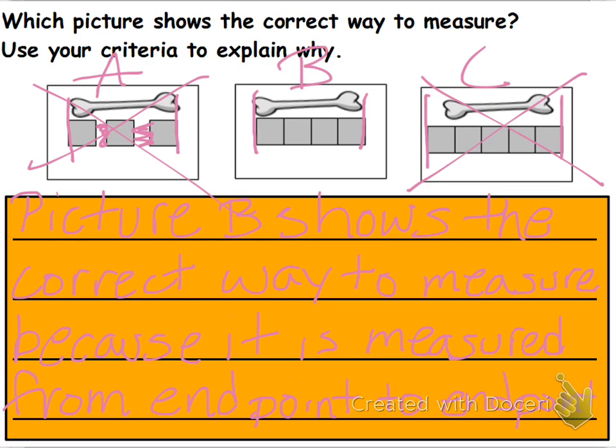I said that it's measured from endpoint to endpoint. I also could say there's no gaps. I can also say, I'm going to rewrite this right here, I also could say there's no overlaps. And we also could say that it's using the same size units the whole time.